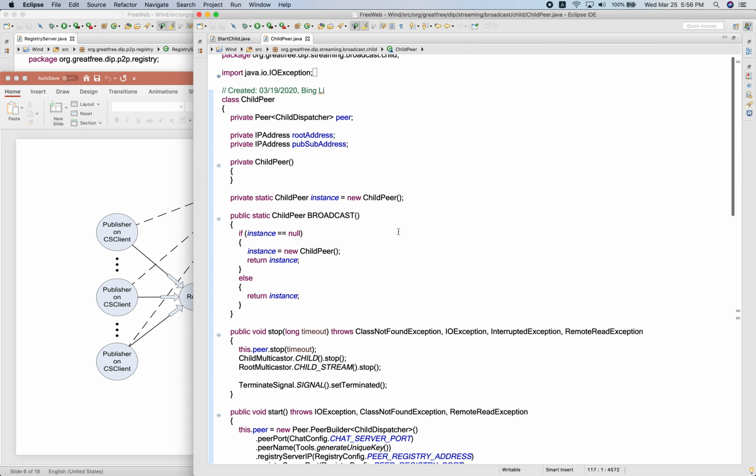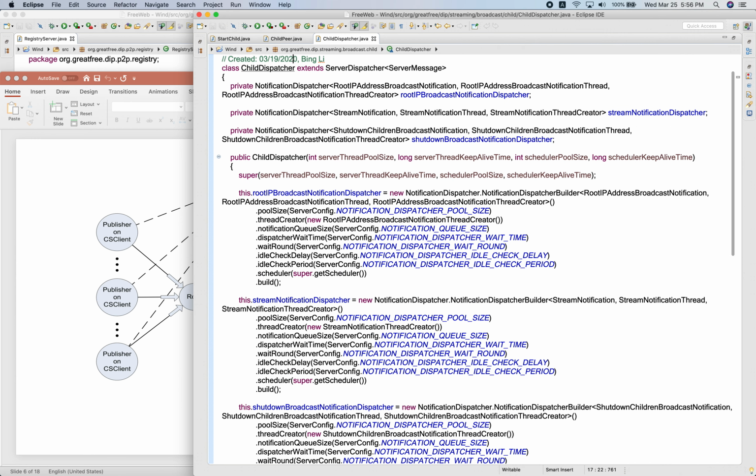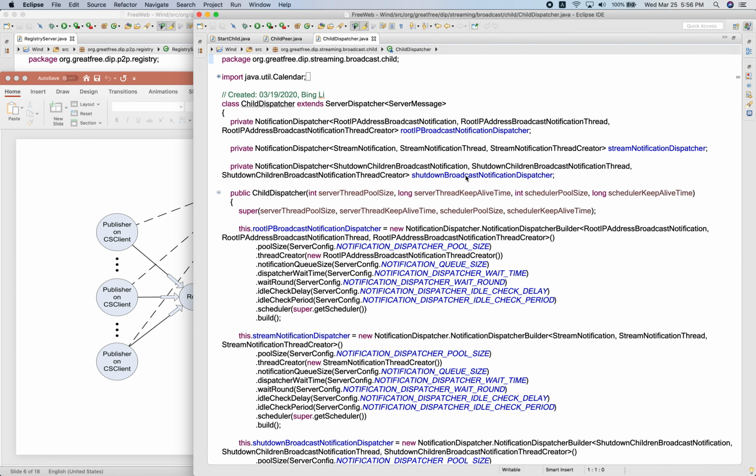Okay, let us take a look at the dispatcher. It's easy to understand. This is the root IP address. It's the same, but actually in this case it's not so important at this time. Maybe we can remove it, it doesn't matter.